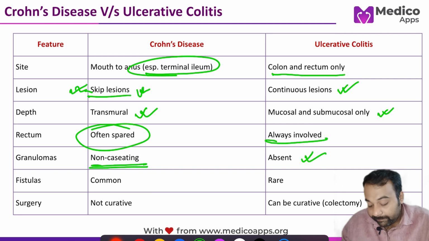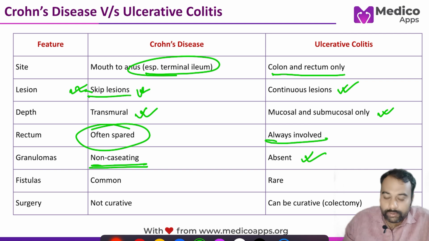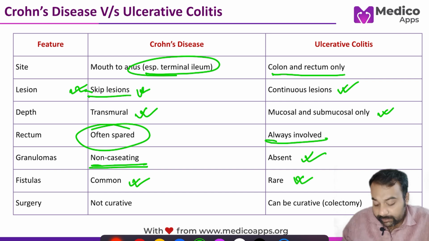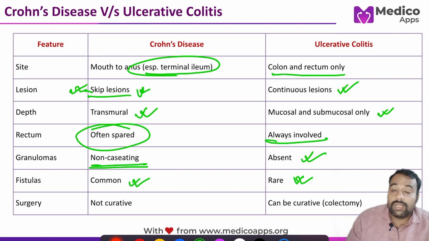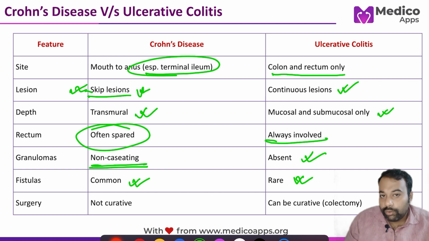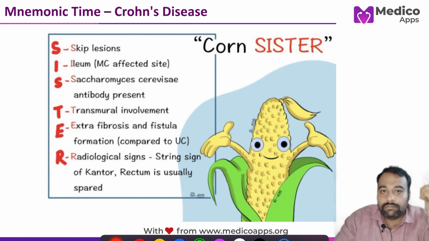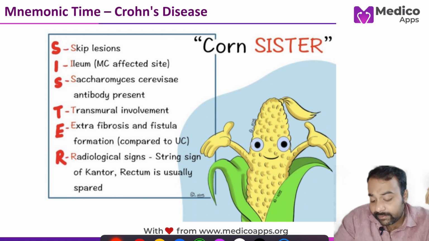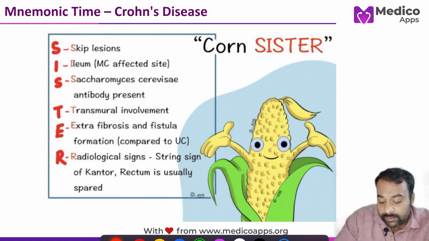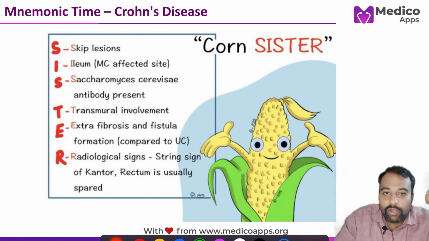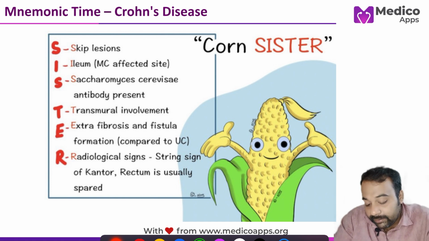Fistulas are pretty common in Crohn's disease, but in ulcerative colitis, they are pretty rare. Surgery is not curative for Crohn's disease, but in ulcerative colitis, we can easily go with a colectomy. There is one interesting mnemonic, which is known as CROHN SISTER.